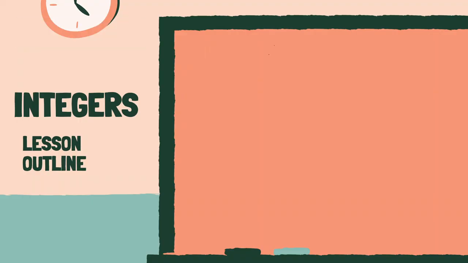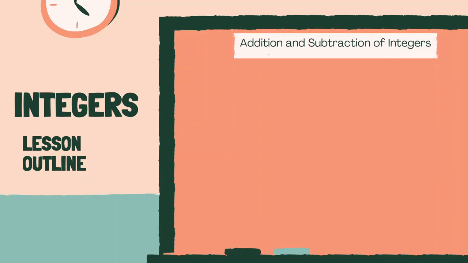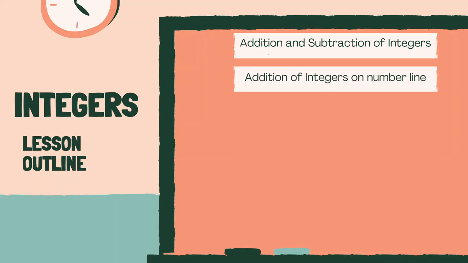So let us get familiar with the lesson outline. The first topic is addition and subtraction of integers. In the part 1 video you have already learned what an integer is and how to place integers on a number line. That knowledge will be very beneficial in learning how to add and subtract integers.